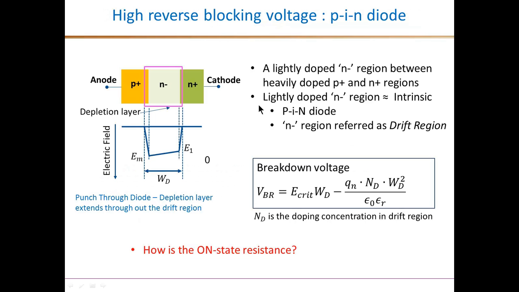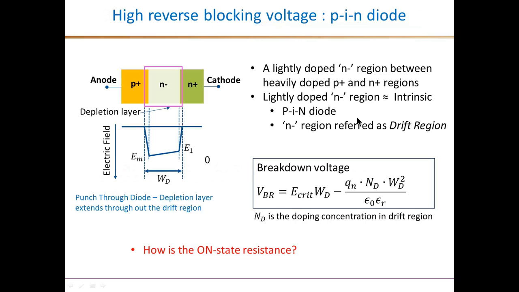The doping level of the lightly doped N minus region is so small that it is close to intrinsic silicon itself, and that's what gives this configuration the name PIN, where I stands for intrinsic.